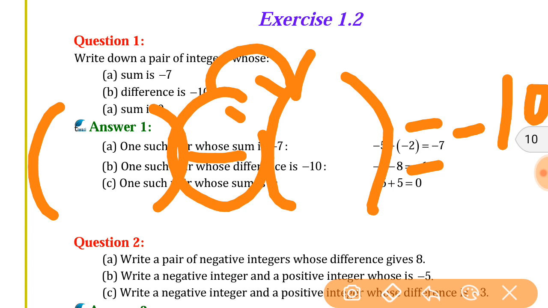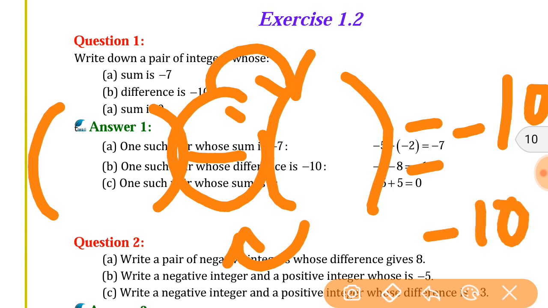Why? Because the sign may change and give minus 10. If this is positive, one should be negative, isn't it? Then you can get minus 10.